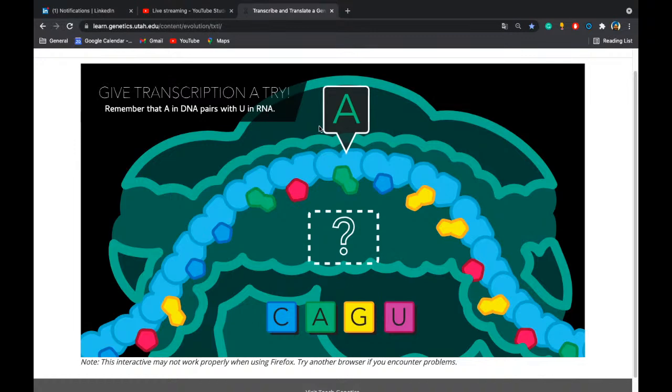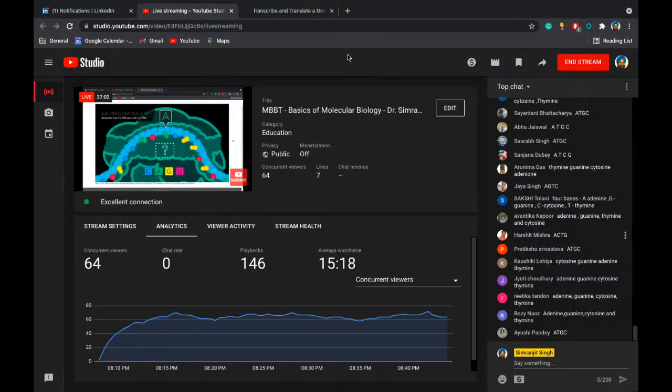So A will pair with which one for the mRNA? Students, tell me the answers. A will pair with what for mRNA production?